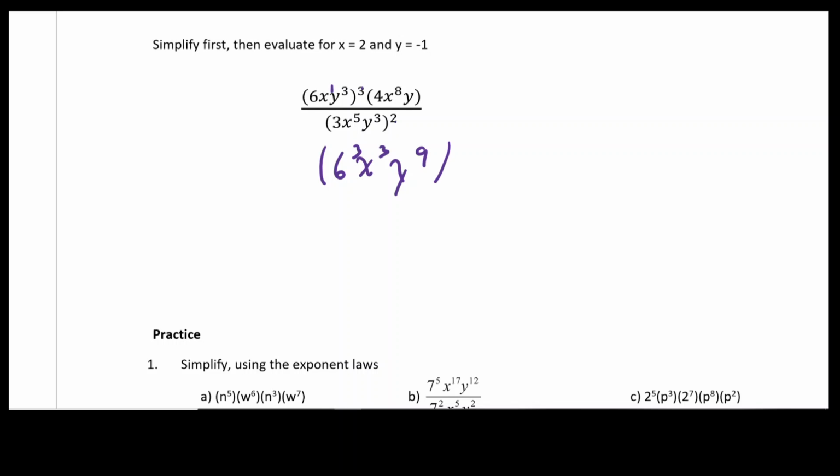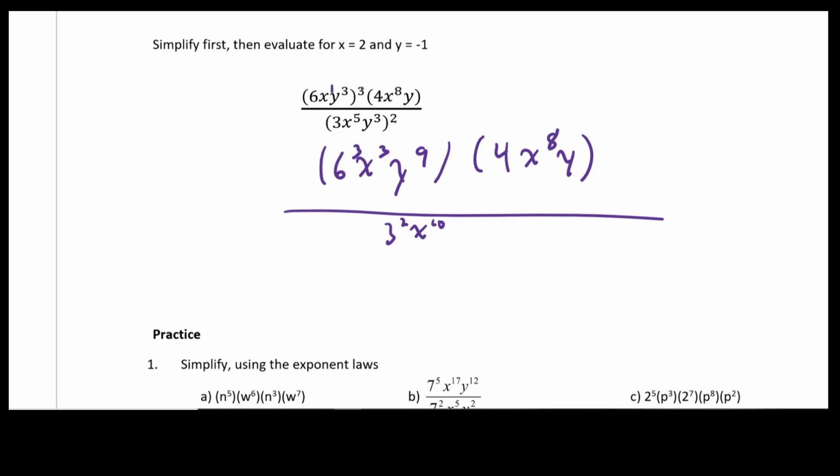So there's that first bracket. The second bracket doesn't have another power on it, so I'm just going to leave it like that. And then the bottom is 3 to the power of 2, x to the power of 10, y to the power of 6 when I bring that power of 2 inside that bracket.